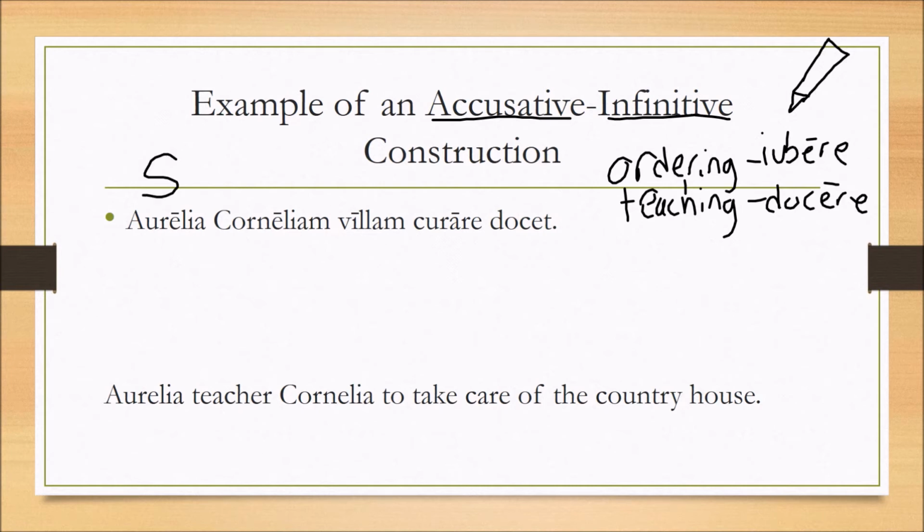We have our subject Aurelia, who's doing the action of our main verb docet, to teach. The person that she is teaching is where our accusative is going to come into play, functioning as a direct object. Aurelia teaches Cornelia, and then our infinitive is going to complete that idea. What is Aurelia teaching Cornelia to do? To curare vilam, to take care of the country house.